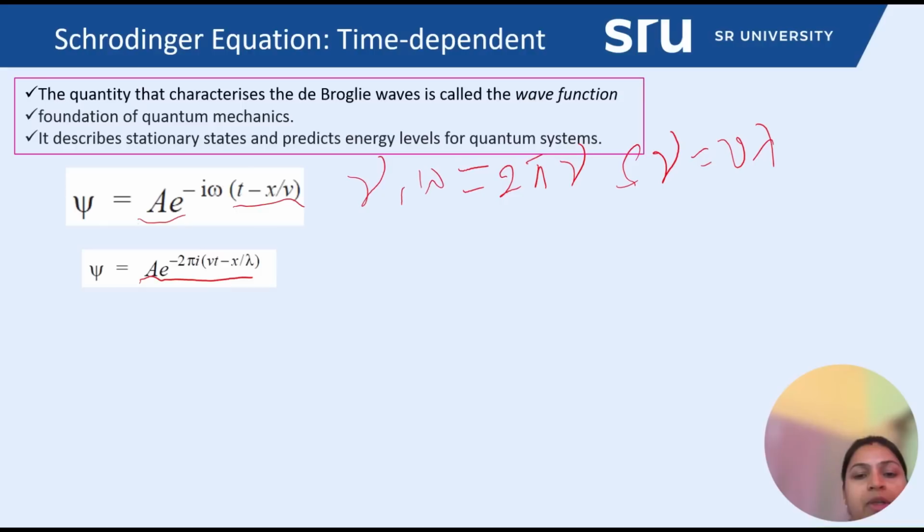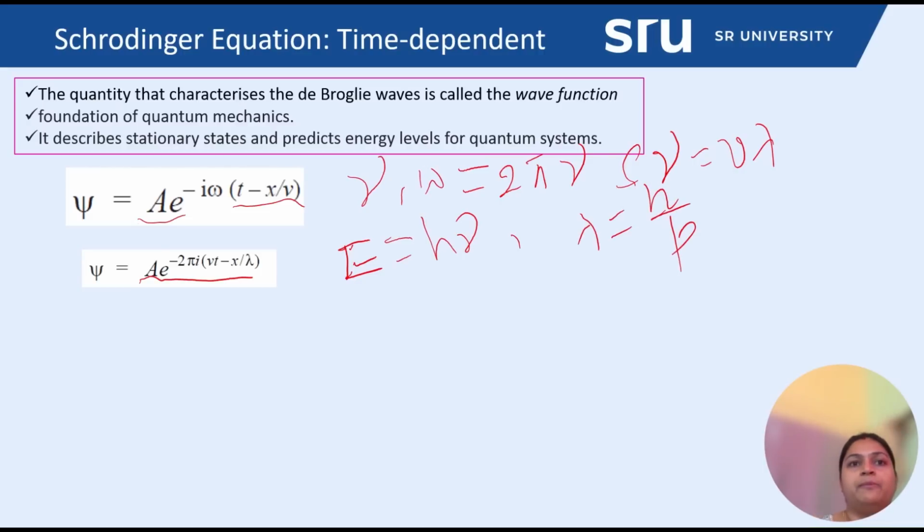Now let E be the total energy and p the momentum of a particle, then we know that E is equal to h nu, and we know that the wavelength lambda and the momentum p are related by lambda is equal to h by p.